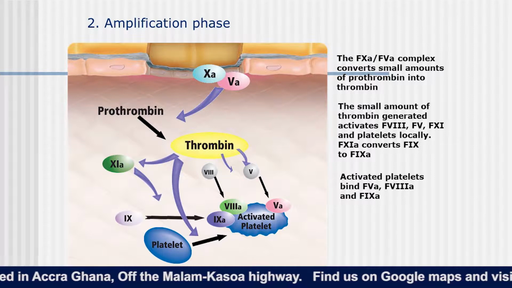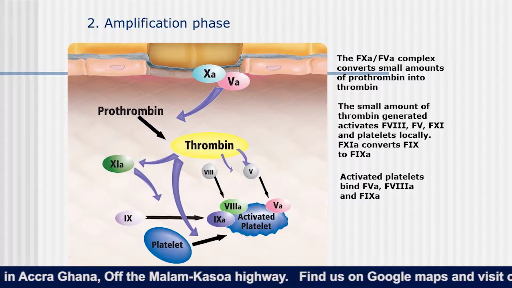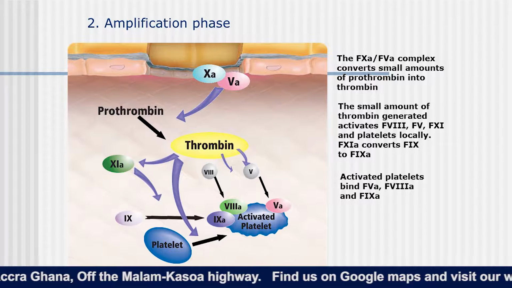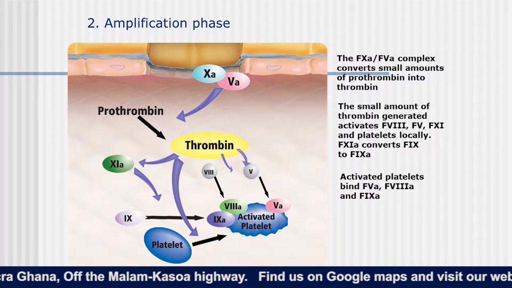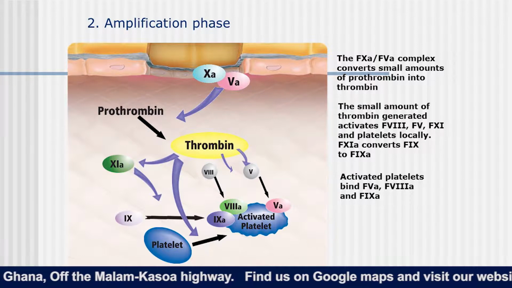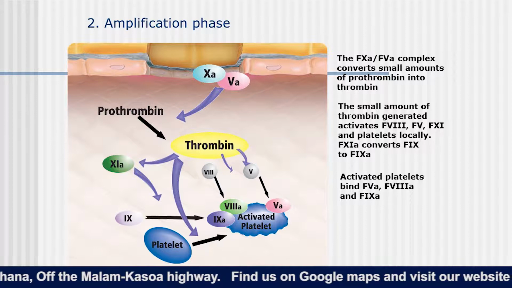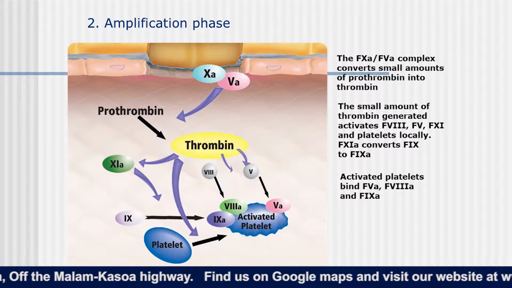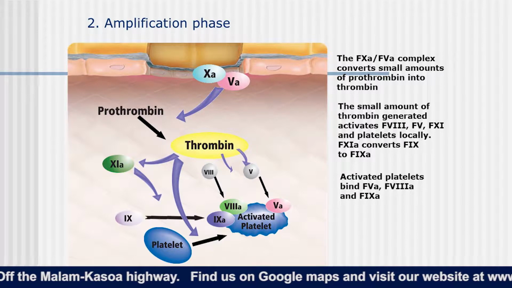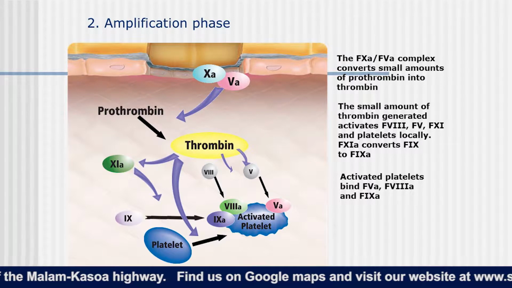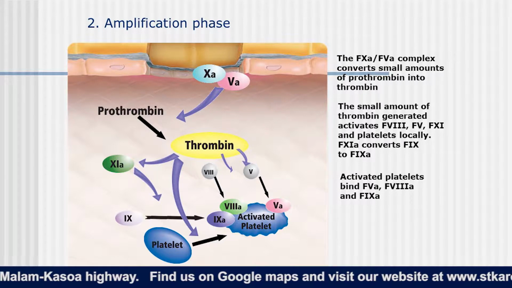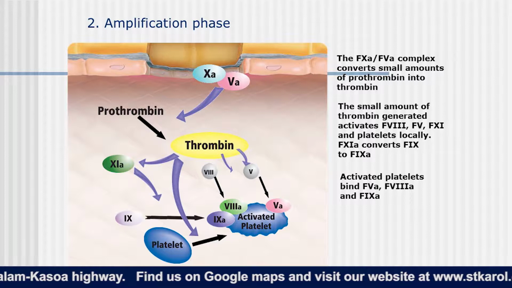It converts a small amount of prothrombin into thrombin, and small amounts of the thrombin generated activate the platelets locally, so that more platelets will come to the place and stick together to form the plug. But the plug itself is not strong enough. If there is a large flow of blood, it can wash the plug away.